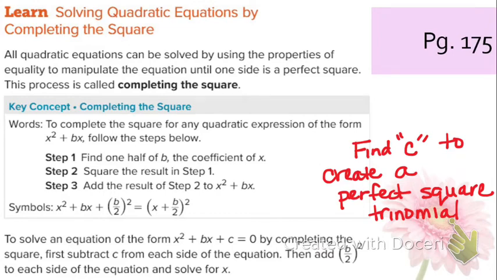So in order to create our perfect square trinomial, we're going to take half of b, square it, and then add it to the result. Those are our 3 steps. So let's look at example 4. Almost finished for today. And then you'll have time to work on homework and to get tutoring and additional help.